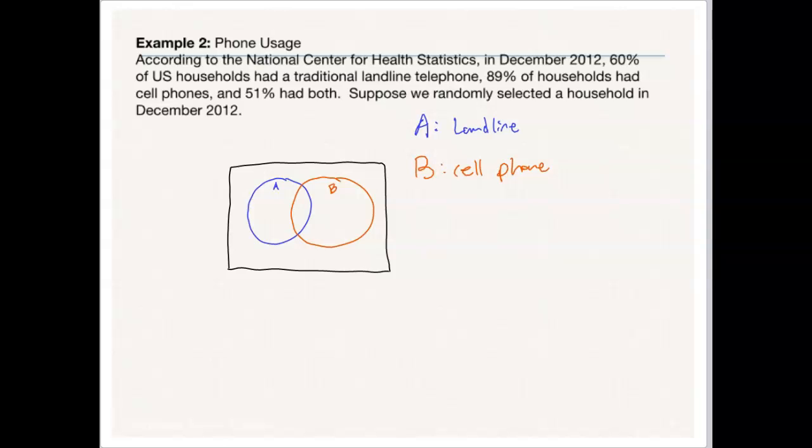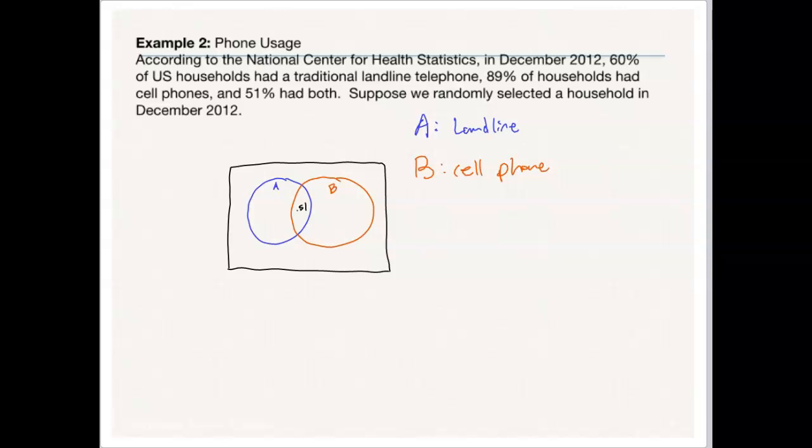They could have also had a cell phone. So that 60% is all of the circle for A, including the overlap. And that 89% is all of the circle representing B, including the overlap. So when they say 51% had both, I'm going to put my 0.51 here.